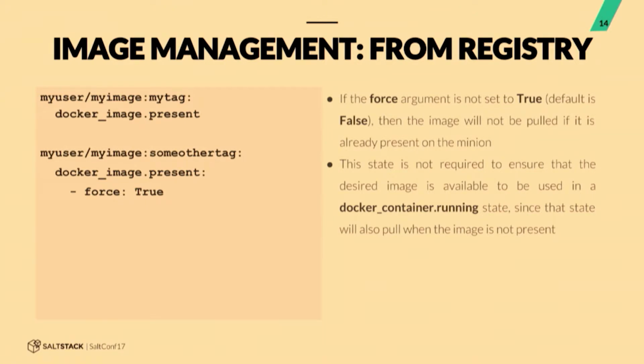So you don't technically need to use this if you're just getting the image from the registry. The only exception would be if you want to use force to pull it to make sure that you're pulling a new copy of the image every time. But if you don't want that, then there's no need to use this state to ensure that you have the image, because docker_container.running will do that for you.